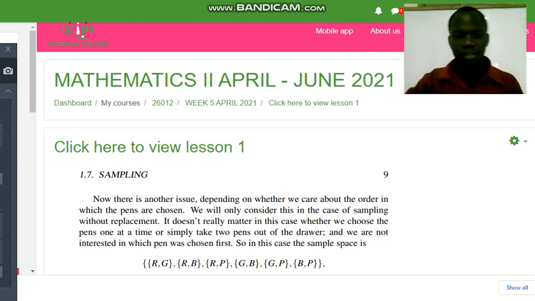We are continuing with sampling of data. In sampling, there is another issue here, depending on whether we care about the order in which the pens are chosen. So that's for an example.